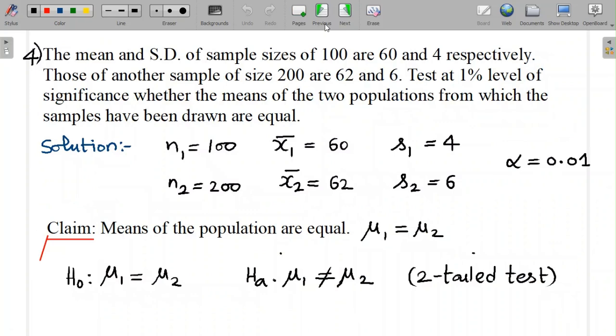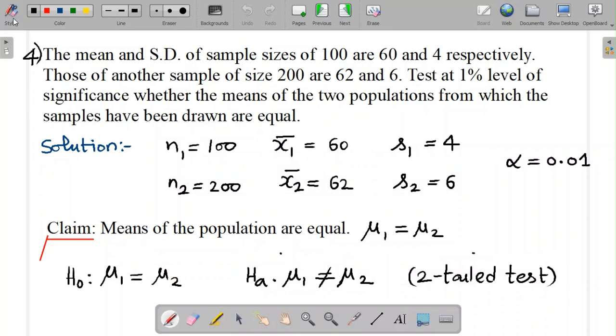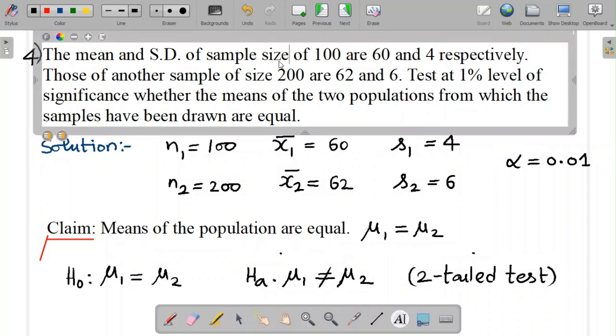The last problem that we discuss is like this. The mean and SD of a sample of size 100 are 60 and 4, and of another sample of size 200 are 62 and 6.